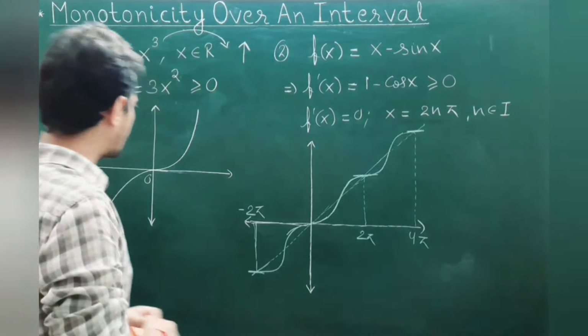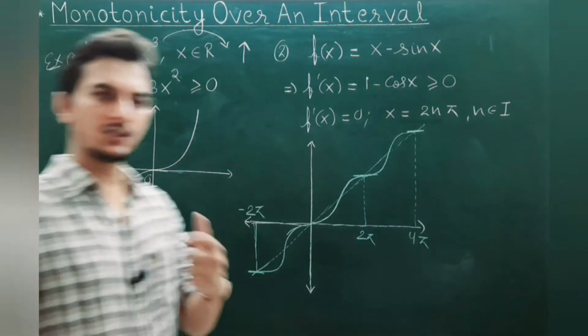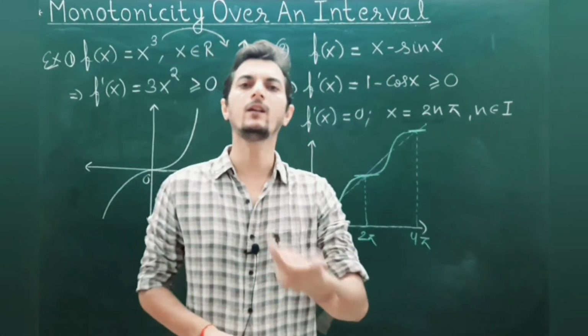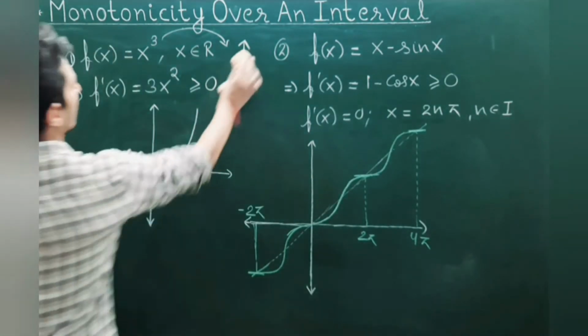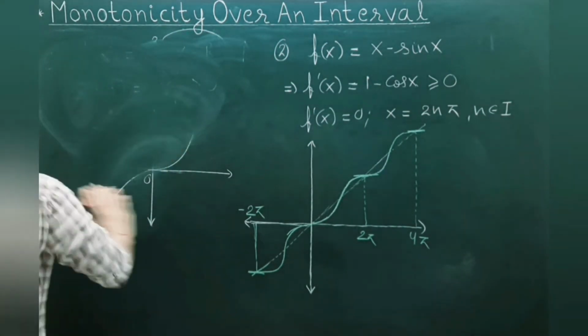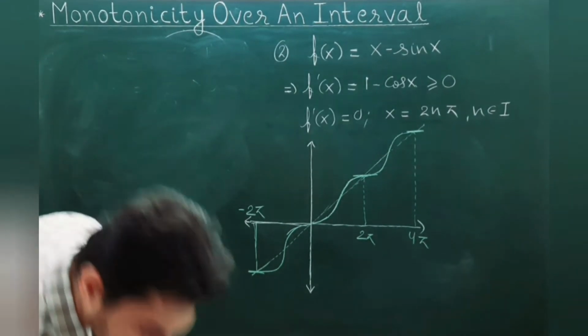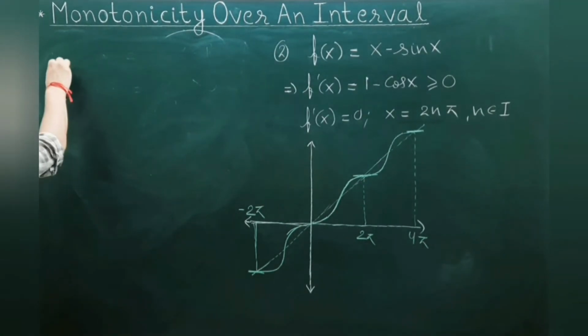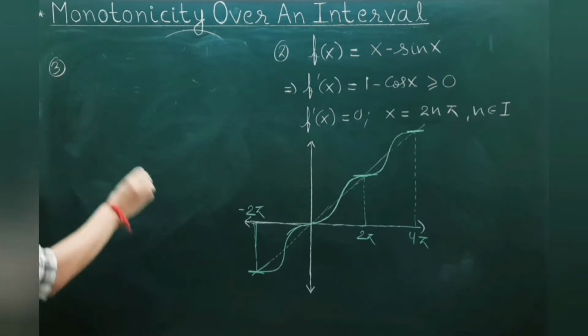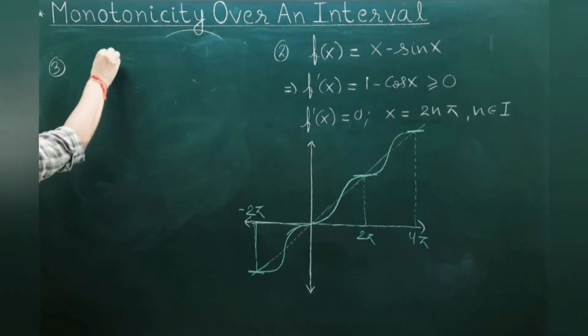Let me give you an example in which f dash x is 0 and it is forming an interval. For example, let's look at this. Here I am taking a random graph to show you this thing.